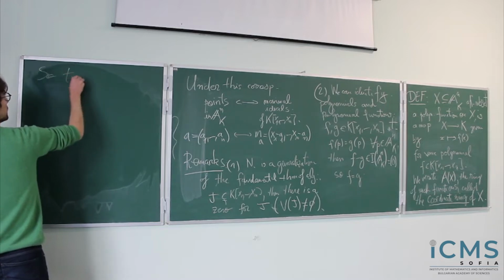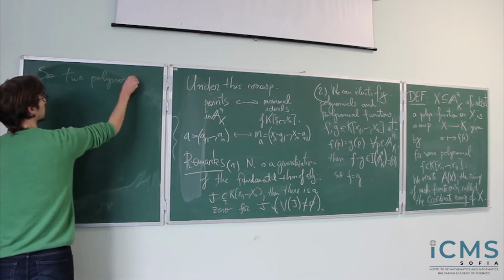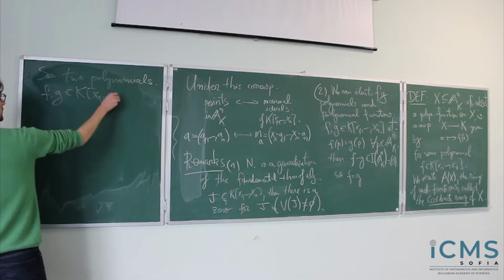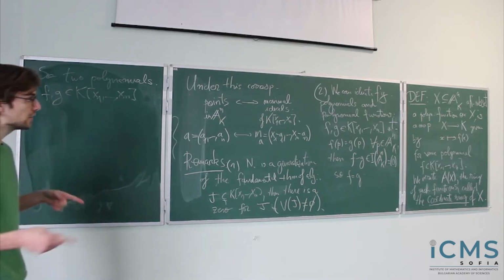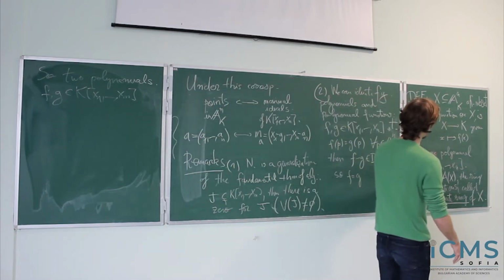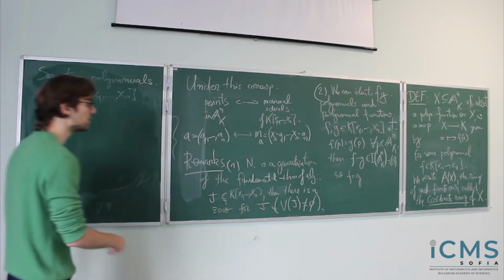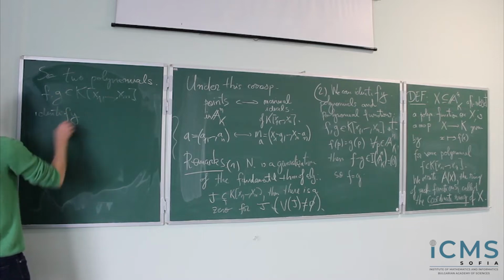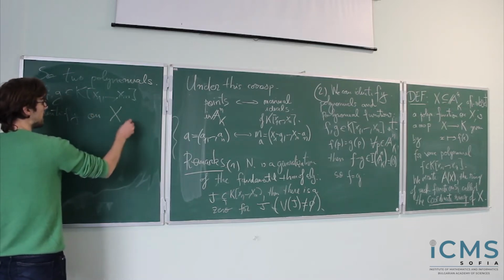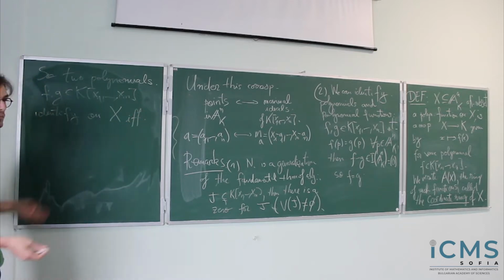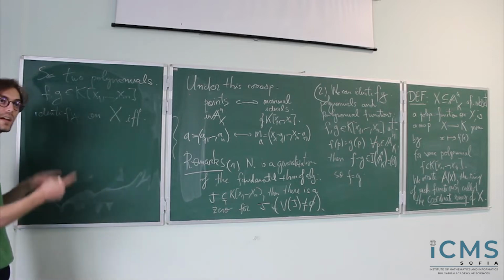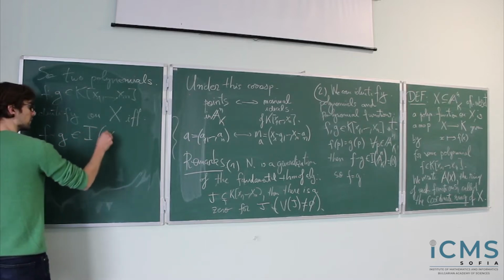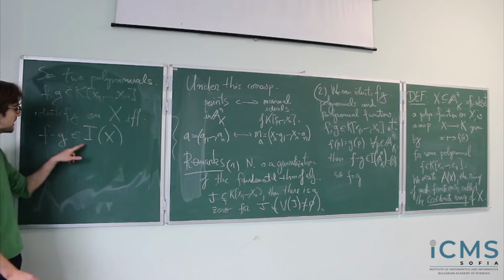So take two polynomials f and g. We can consider them as polynomial functions on X, and we want to know when two polynomials like these identify, meaning that they give the same polynomial function on X. Simply put, they always have the same image, meaning that their difference is always 0 on X. So if and only if f minus g is in I(X).